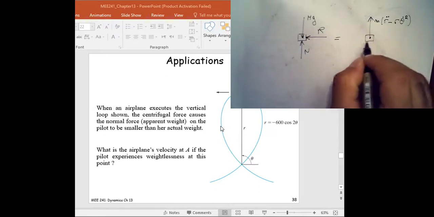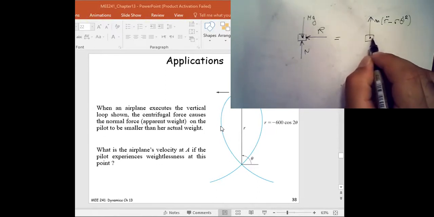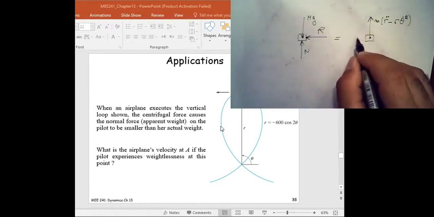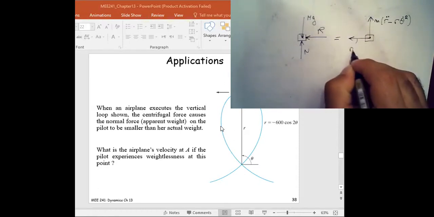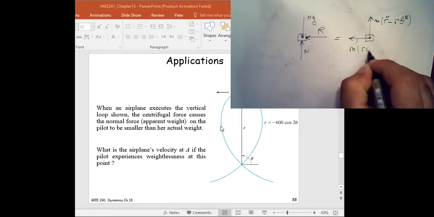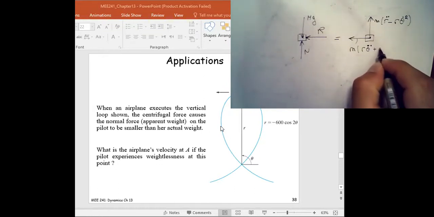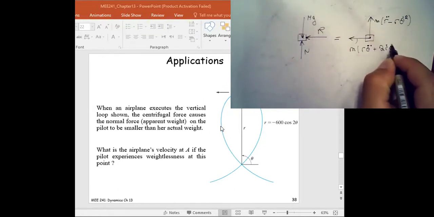What else? Perpendicular: is the arrow pointing to the right or to the left? Left, because it's the growth direction of theta. Exactly. So it's going to be m(R theta double dot plus 2R prime theta prime).